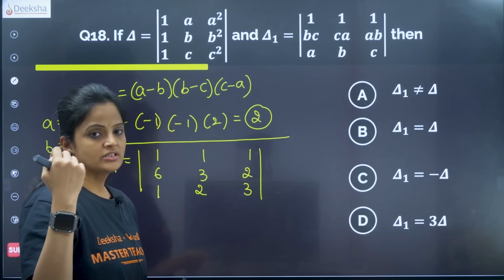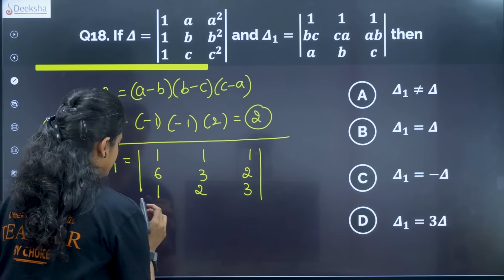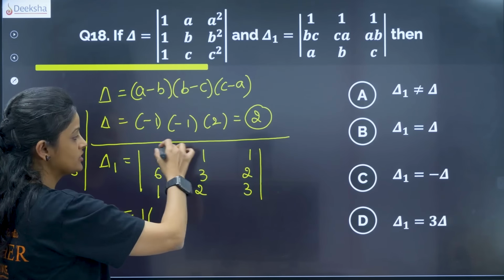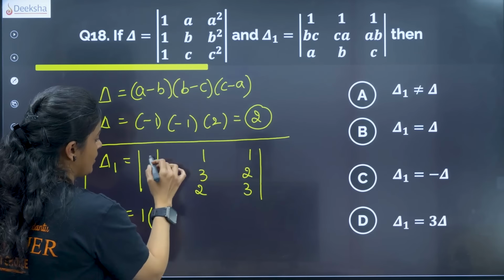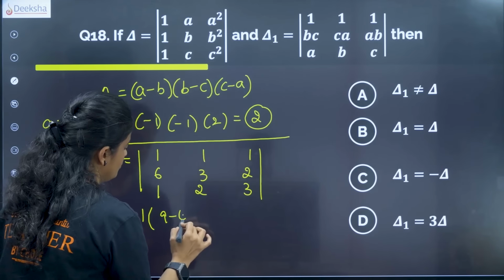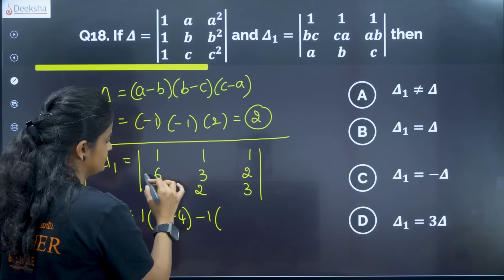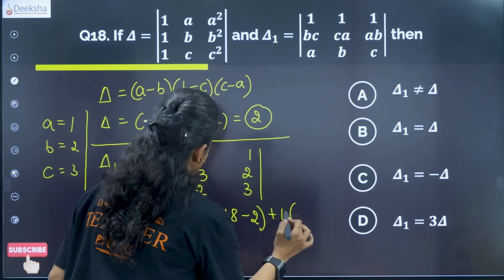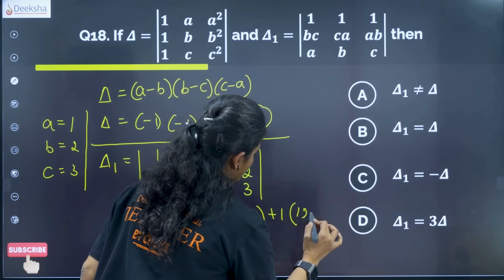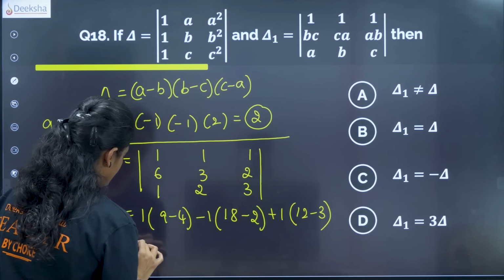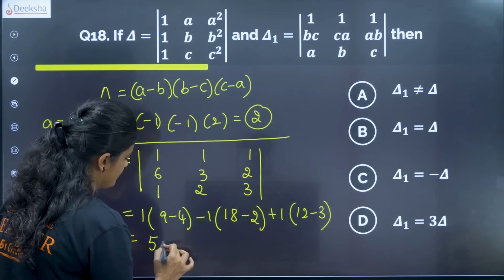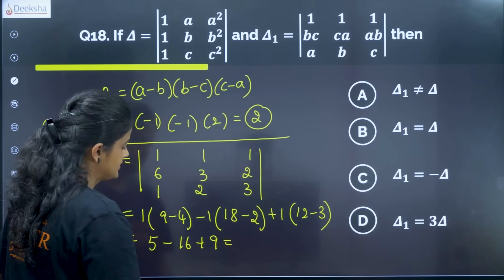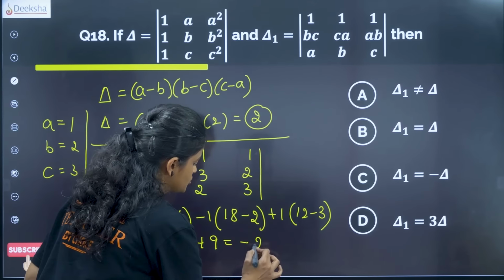Now we are not using the property at all, we are just expanding it. Using the first row: 1 into (9 minus 4), minus 1 into (18 minus 2), plus 1 into (12 minus 3). That is 5 minus 16 plus 9.